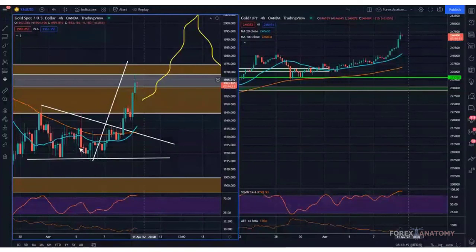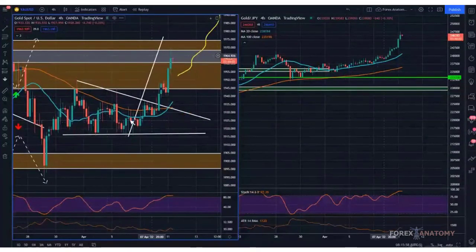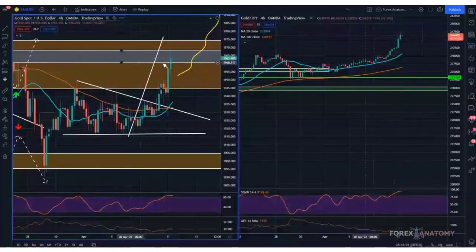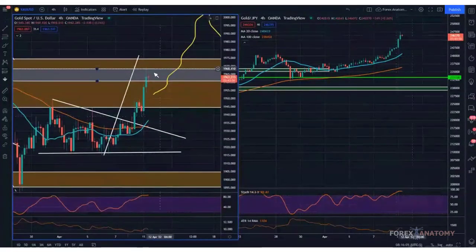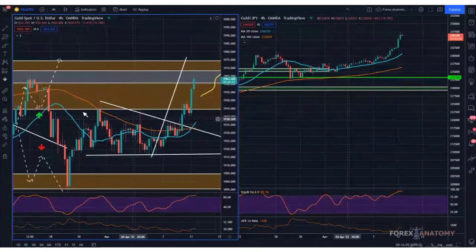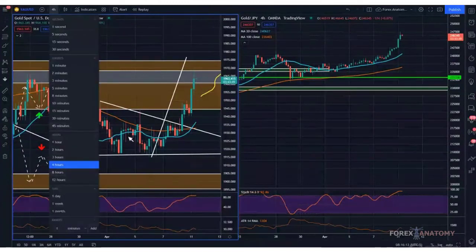We do see this bullish continuation pattern, but price is still respecting this resistance. You definitely need to see a clear violation or break to the upside of this resistance before we can be confident in our buy for gold, and in a sustained move to the upside.